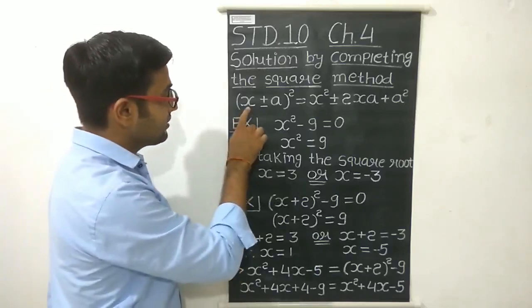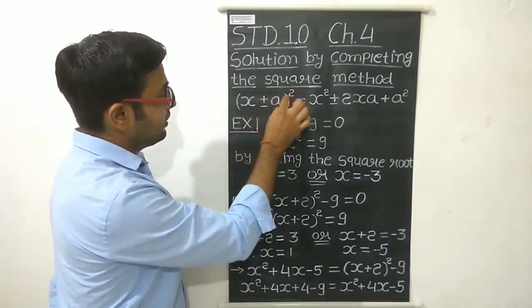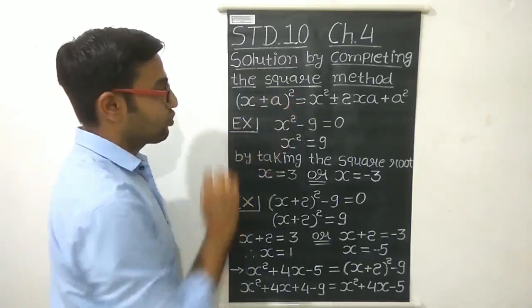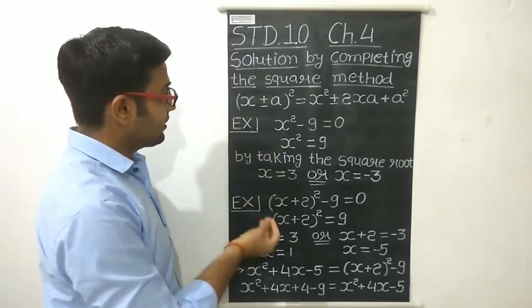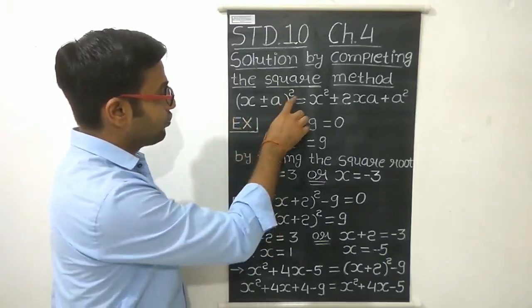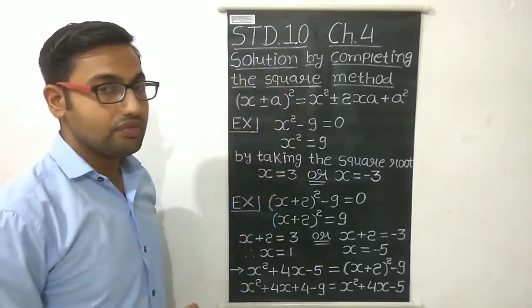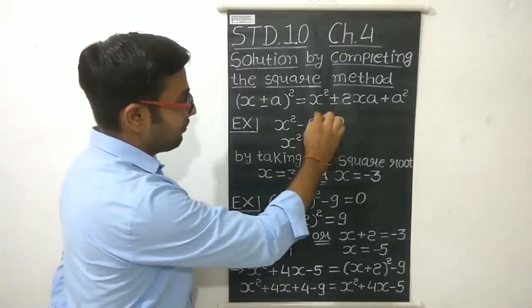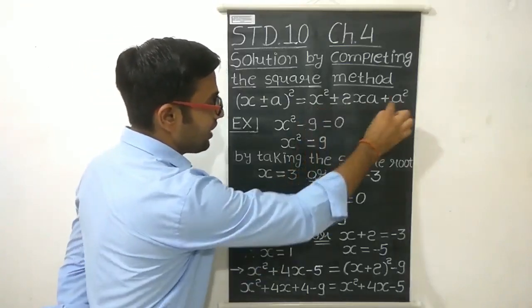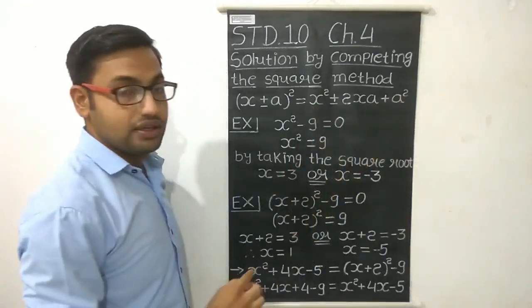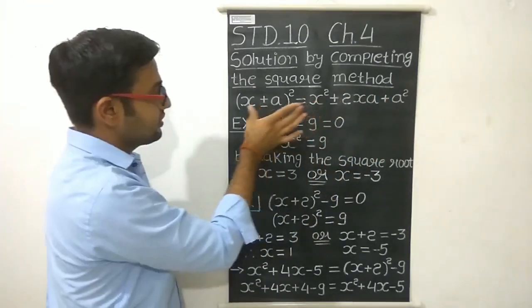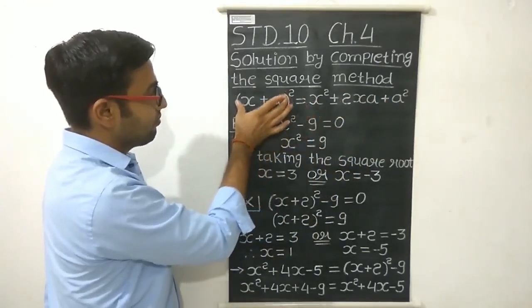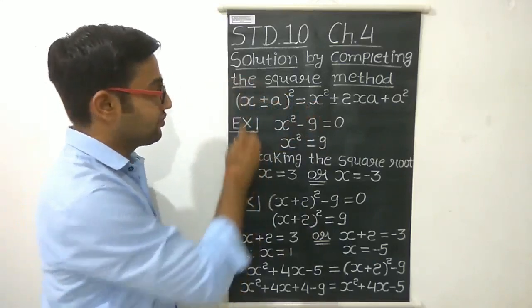So here x is in the bracket of the square. Okay, so if we can set this type of quadratic expression, then we can write it as a complete square in this way.